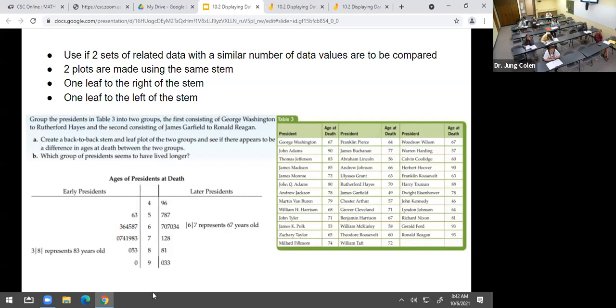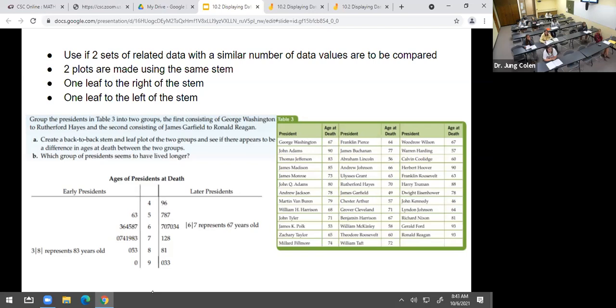So let's compare these two groups of the presidents' death ages. Can you determine which group of presidents seems to have lived longer? Which group lived longer? What do you think? Elisa, what do you think?